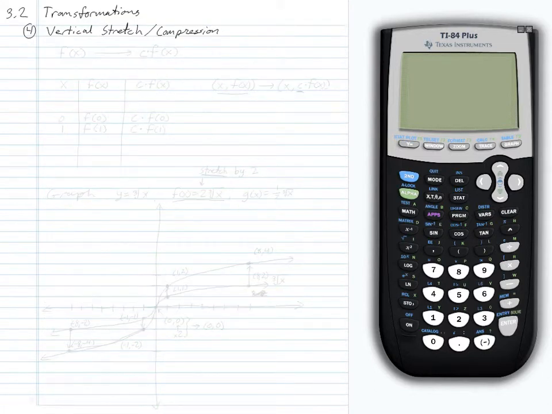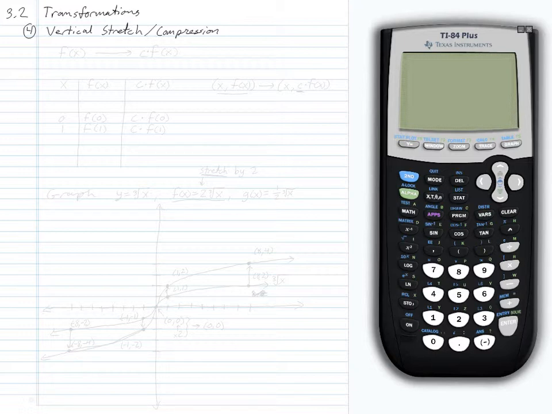Our final type of transformation in this section is the vertical stretch or compression. Now I like to think of stretches and compressions as being the same mechanism. We are scaling our function. So what does that mean?